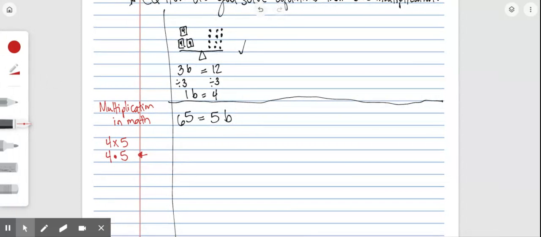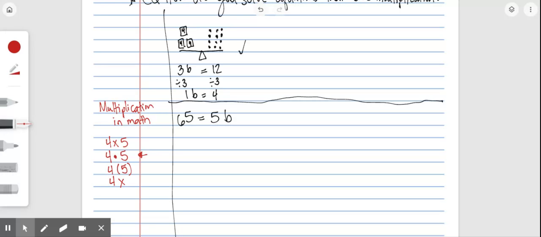Another way to show multiplication is sometimes you have a parenthesis. So 4 parenthesis 5 means the same as 4 times 5. And the final way that you can show multiplication is if you have a whole number and a variable right next to each other, like 4x.